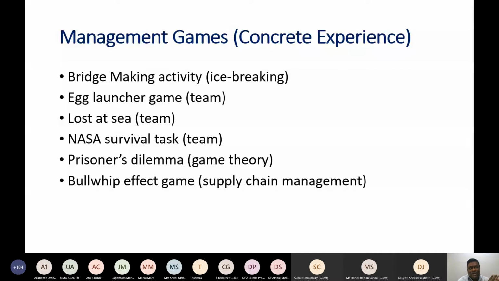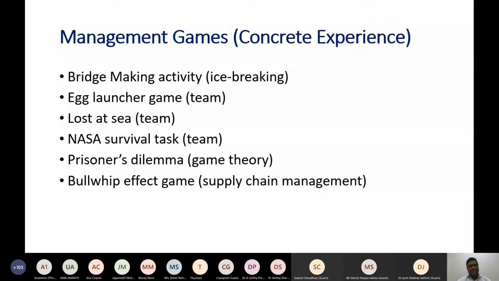What they should do is prepare a launcher, which means I would go to the third floor of our building and throw it up in the air. Then finally, that structure should help the egg to safely land on the ground. What is the test here? If I open that structure, the egg should be safe. That is the egg launcher game.